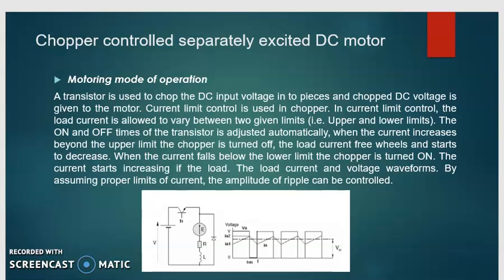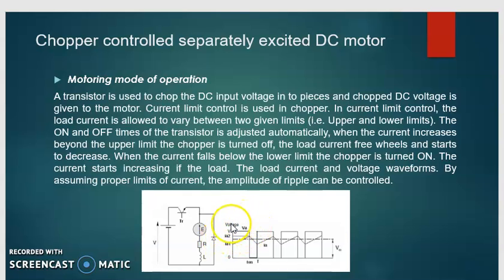In the circuit, when the transistor is on, the source voltage appears across the armature circuit. This is the armature circuit, and this is the diode. When the transistor is on, current flows from collector to emitter, and the whole voltage V appears across the armature circuit, known as VA, which we can see in the graph.